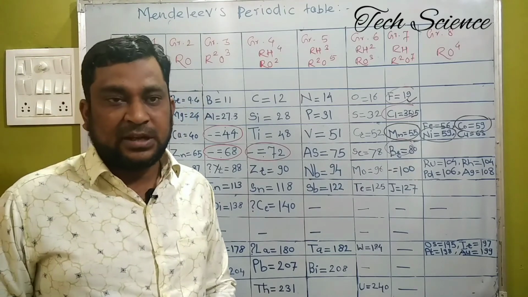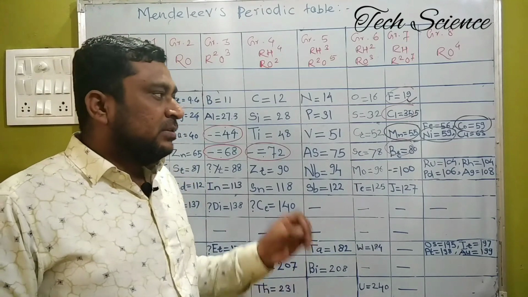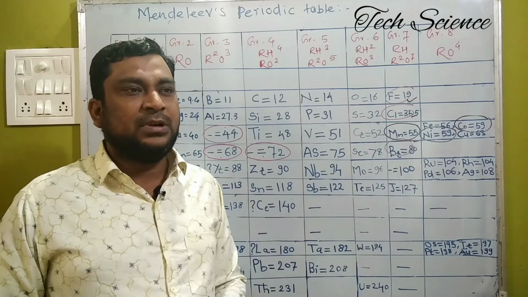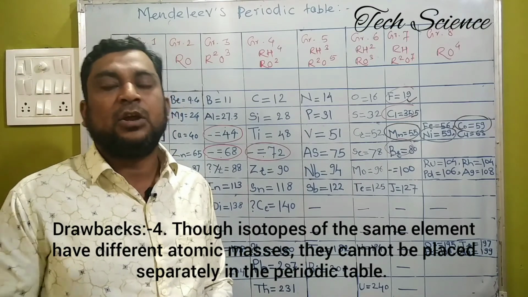One more drawback is the fourth drawback, and what is that? The fourth drawback is the concept of isotopes. What are isotopes? Isotopes are elements which have the same atomic number but a different atomic mass number.